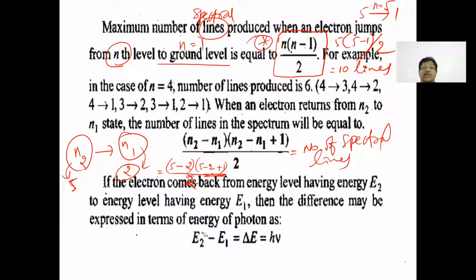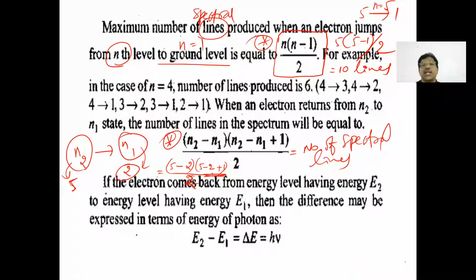And also, if an electron in the ground state absorbs energy, the electron gets excited. The electron gets excited means from a lower energy orbit, the electron will jump to a higher energy orbit. That is called excitation of the electron. Again, the excited electron will not remain in the higher orbits.